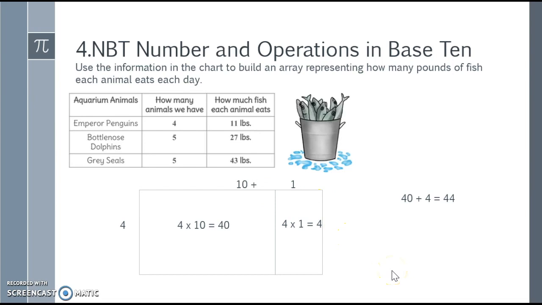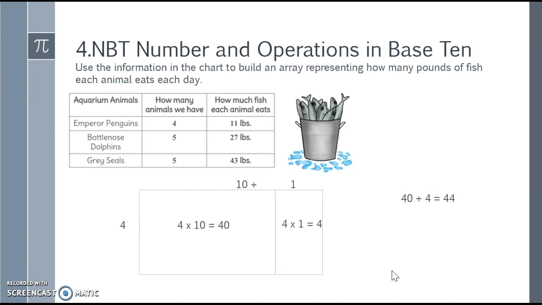If we were to think about breaking down 11 into tens and ones, we would essentially take 4 times 10 to get 40, 4 times 1 to get 4. Adding those pieces together, we would get 40 plus 4, which is 44. So we have a more abstract array here versus using the base 10 pieces for a visual effect.